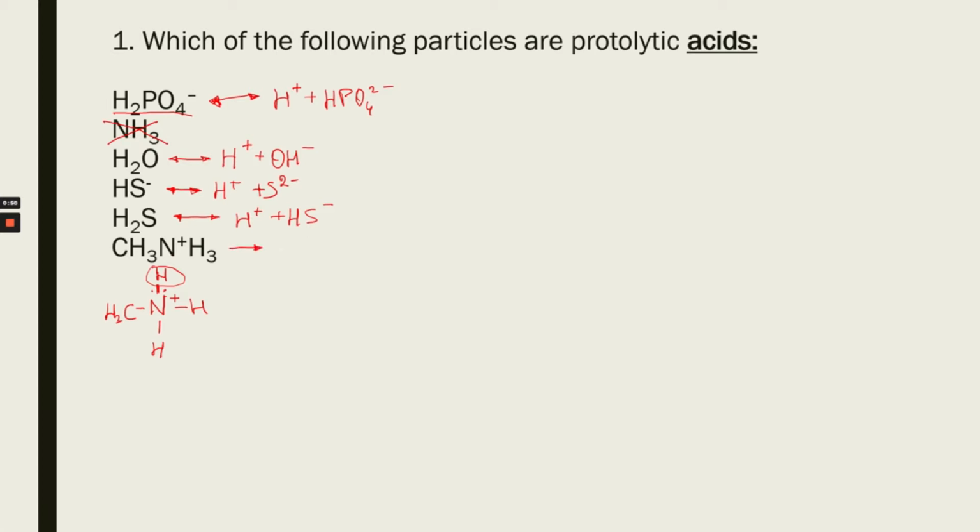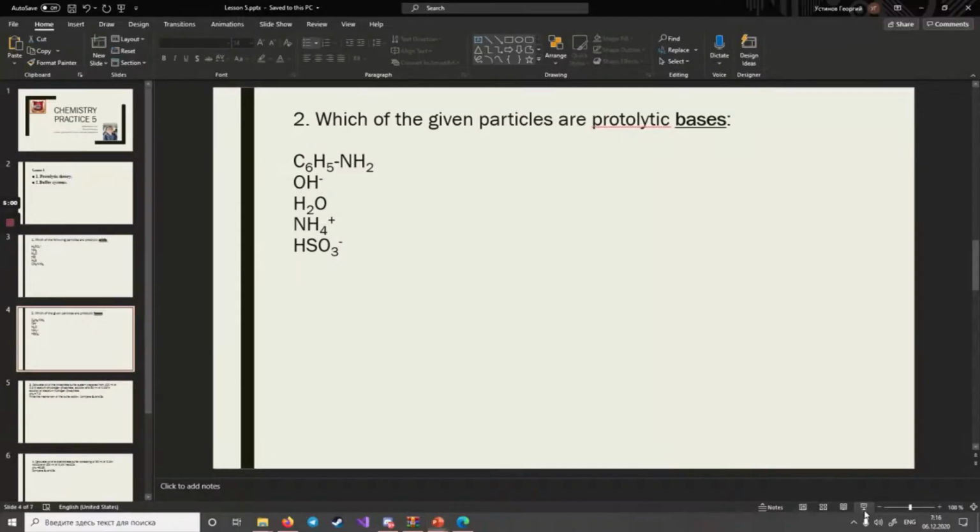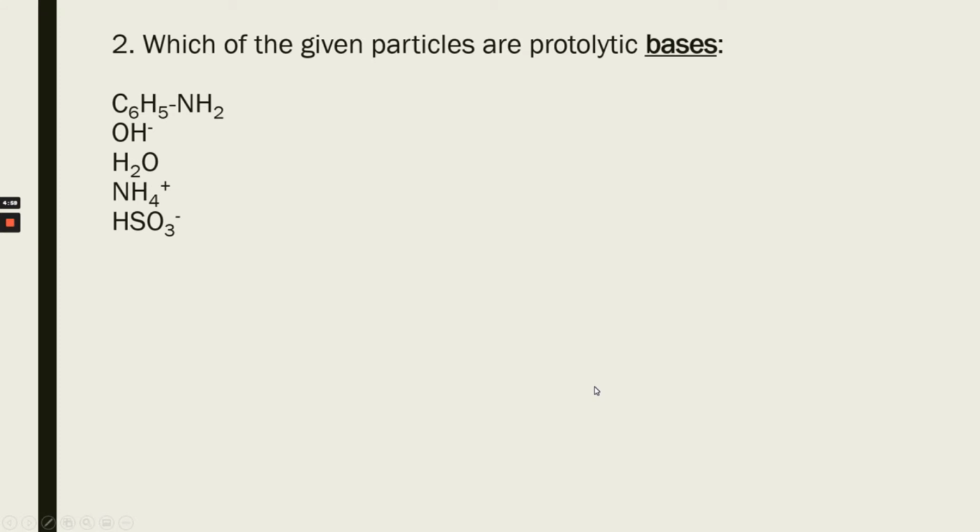The equilibrium will look like that: CH3NH2 plus H plus. And this substance will be called methylamine. The next question is to find protolytic bases.